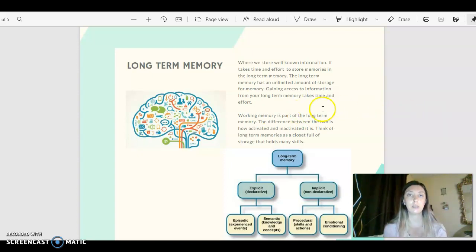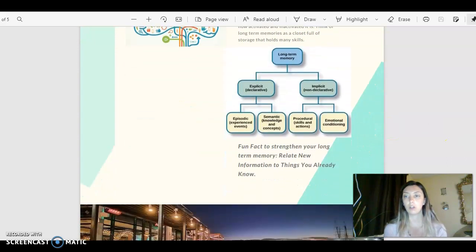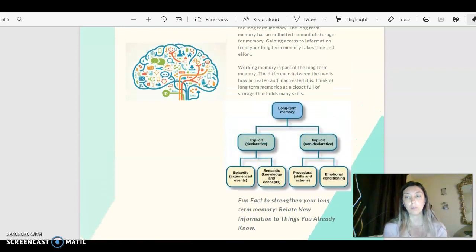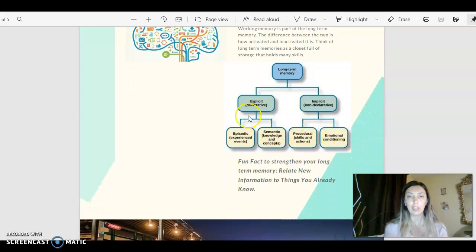And it is a process to get this information. Sometimes it does take longer, and sometimes it's really quick with things you remember. I did include a little chart on long-term memory here too, just to show everything that goes with long-term memory.